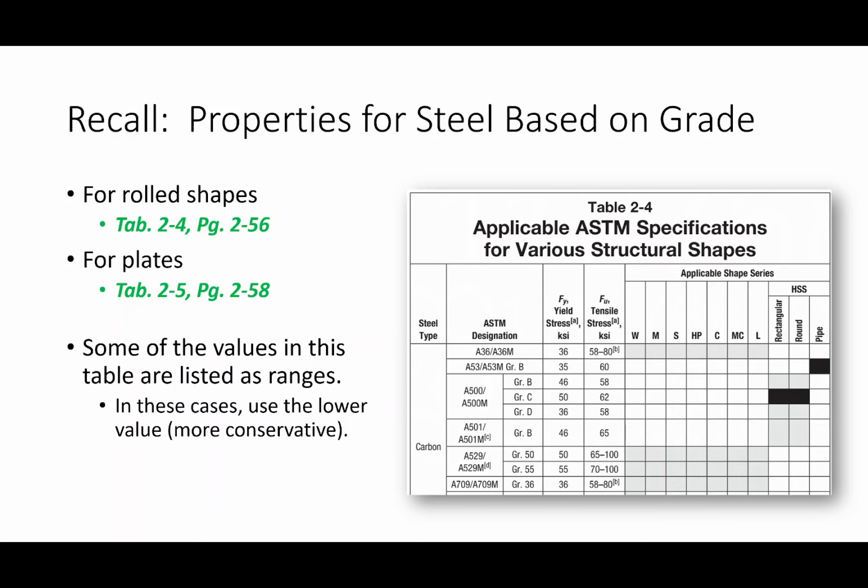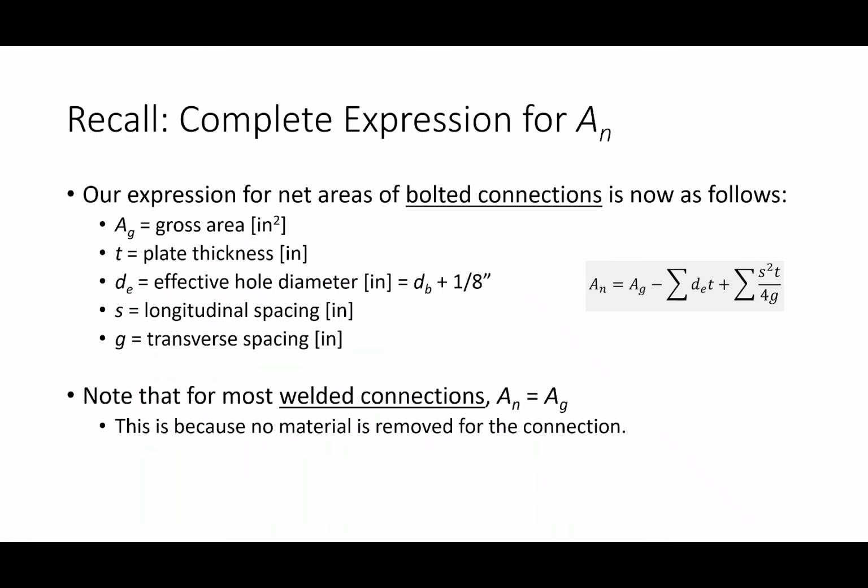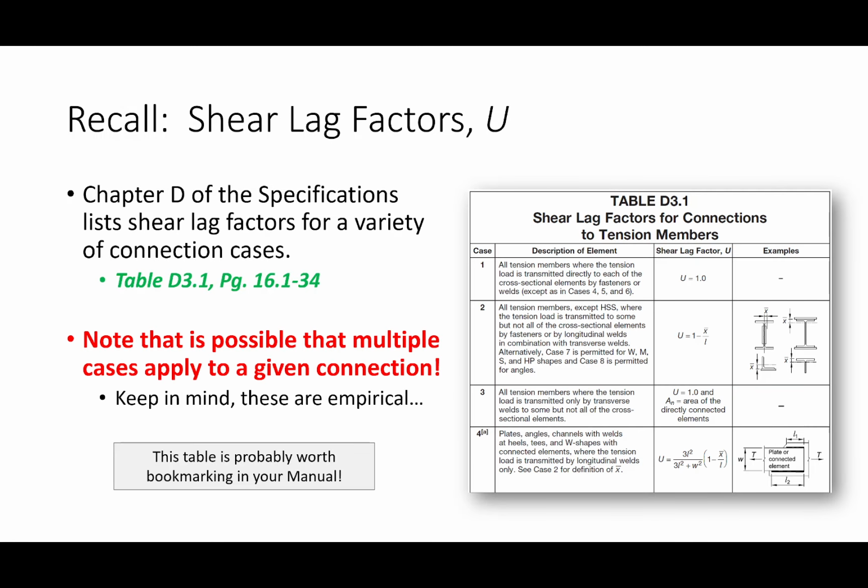Fy and Fu, we can look up in Table 2-4 for shapes and 2-5 for plates and bars. We have our complete expression for net area: the gross area minus the area lost due to the presence of bolts plus any necessary stagger factors. That's for bolted connections. For most welded connections, gross area equals the net area. And then shear lag factors.